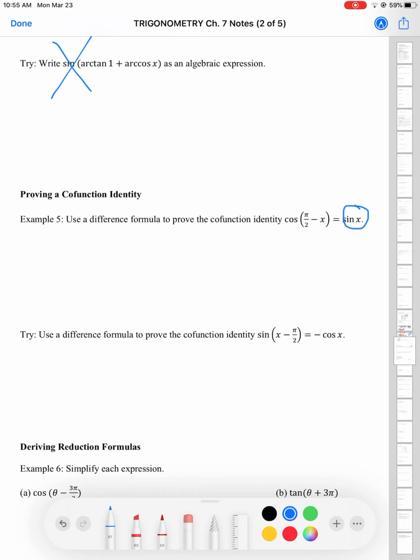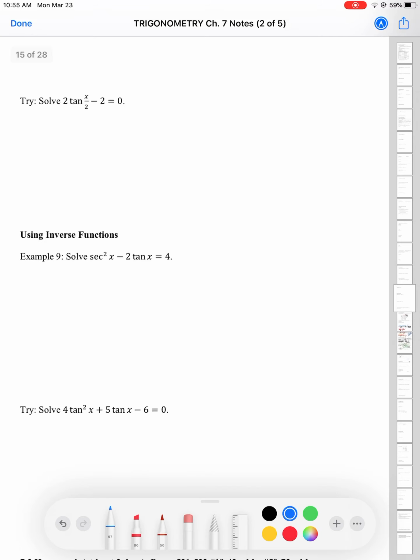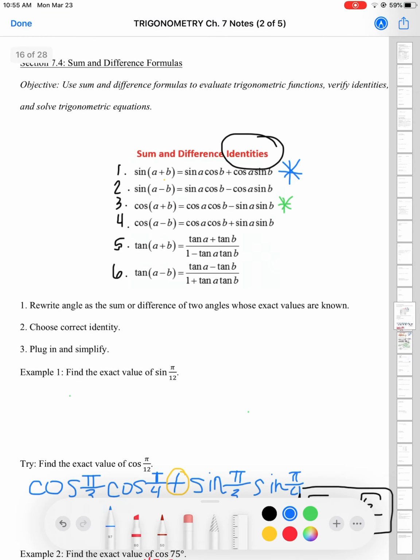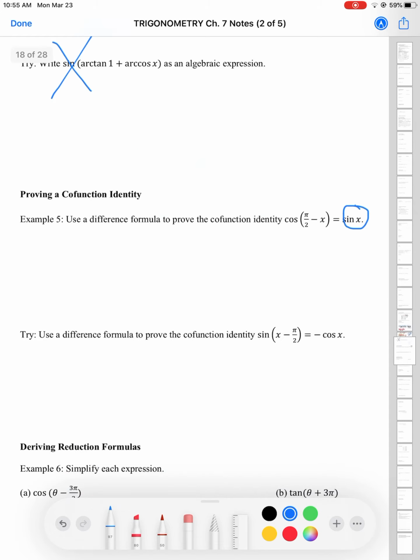So it's cosine of pi over 2 minus x. So cosine a minus b, so it's going to be number 4. Cosine a minus b is cosine a cosine b plus sine a sine b.